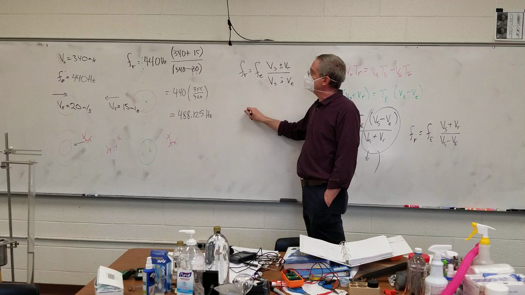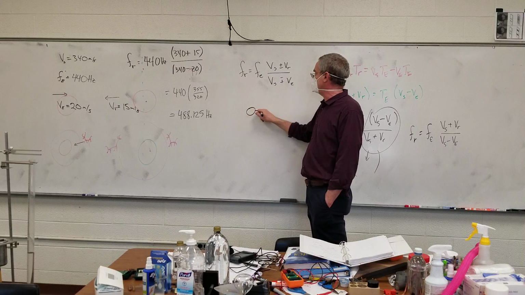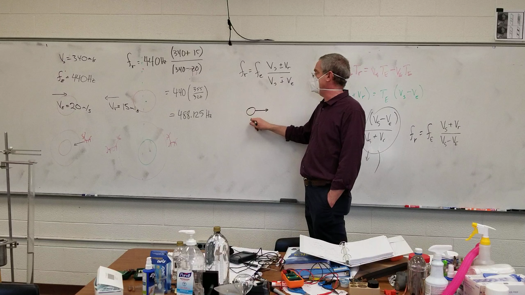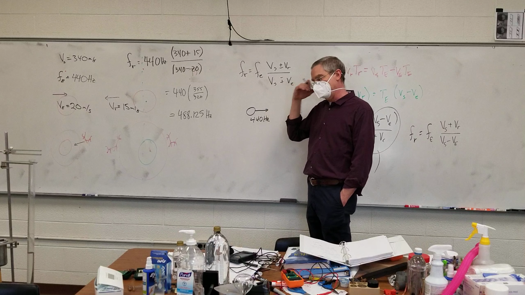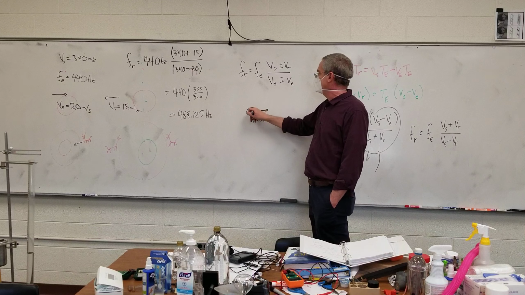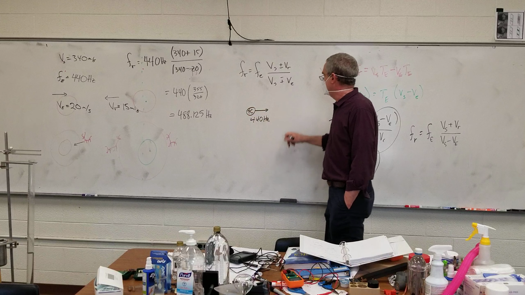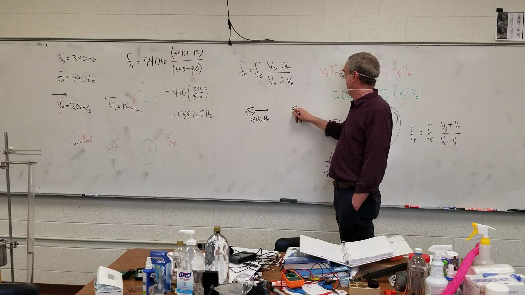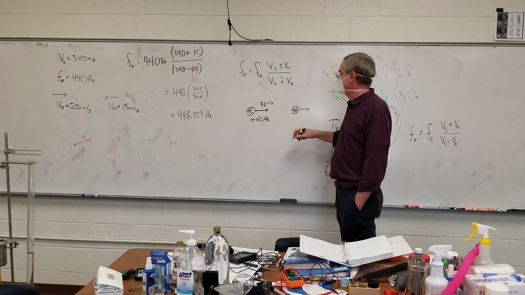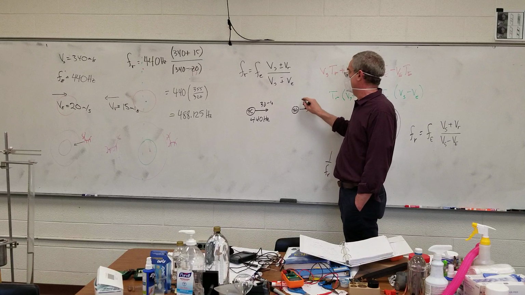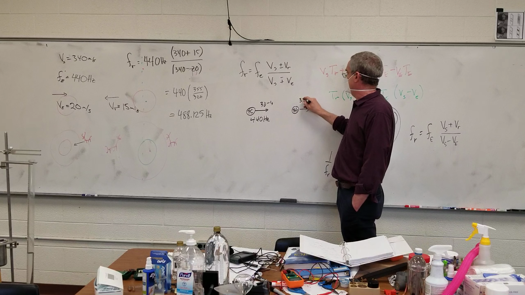So for example, let's do a pursue and chase scenario here. We've got a police car emitting, what the heck, it's a make-believe problem, 440 hertz again. And there's a bad guy moving away. Let's say the police car is going at 30 meters per second, a medium speed chase, and the bad guy is going at 30 meters per second.